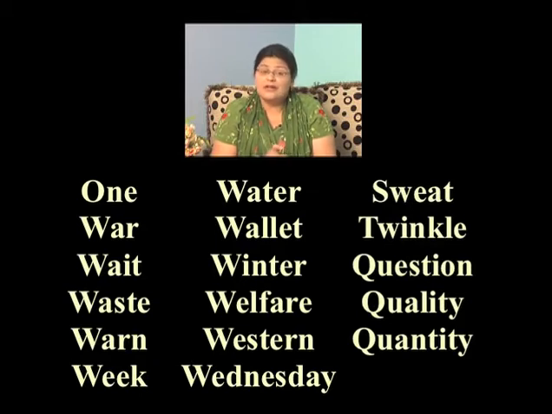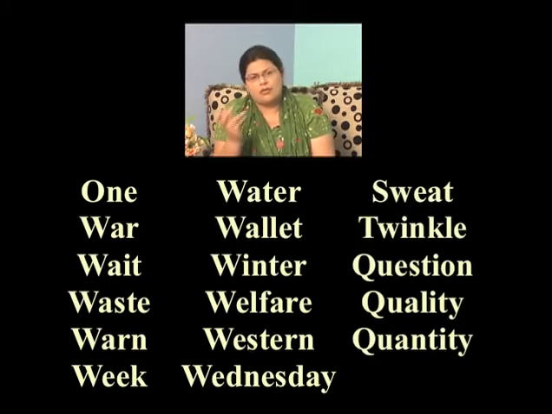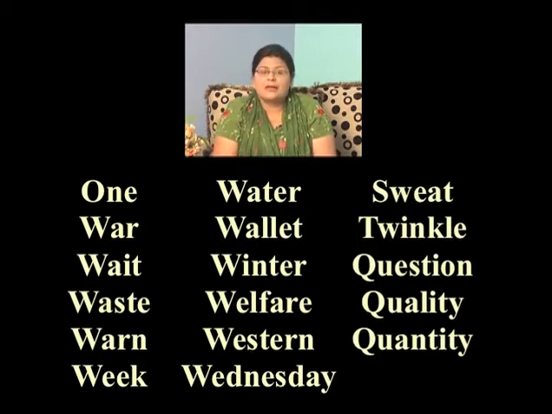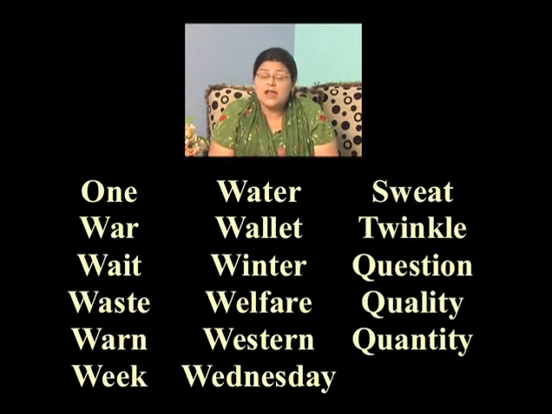So in these words, we realize that there is no sound called Q. Q is a letter, but it is associated with sounds which are K, W, and normally a vowel following. Question, quality, quantity.